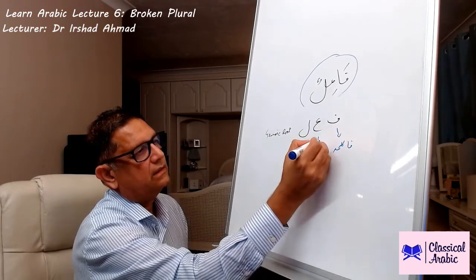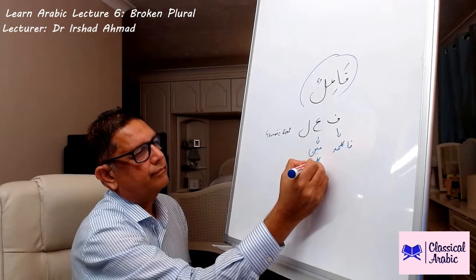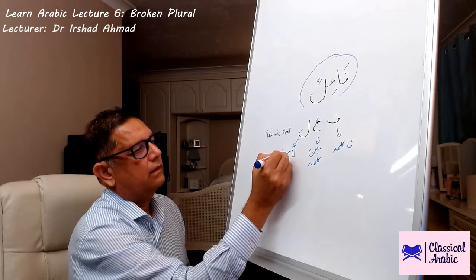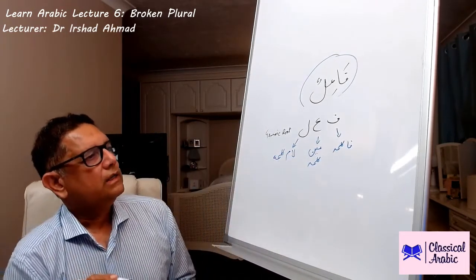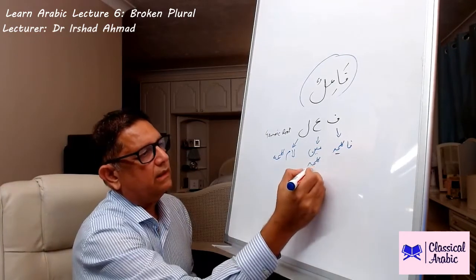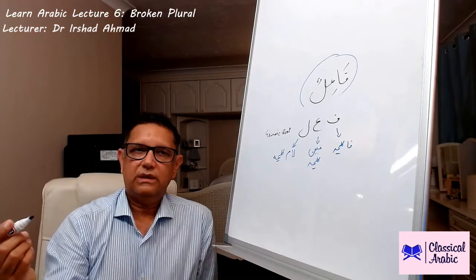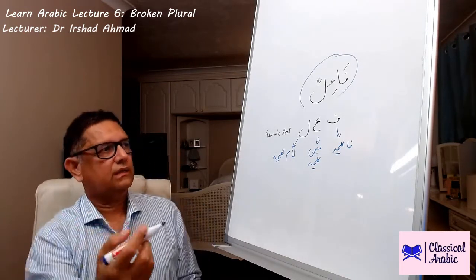this is ain kalima, and this is lam kalima. Right, so this kalima terminology here doesn't mean the kalima which we initially worked on, which was ism, fail and harf.